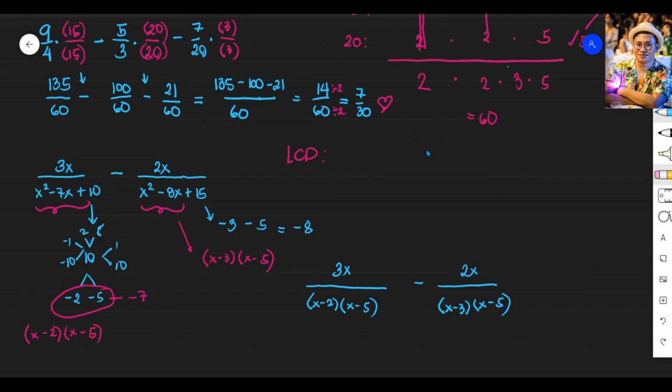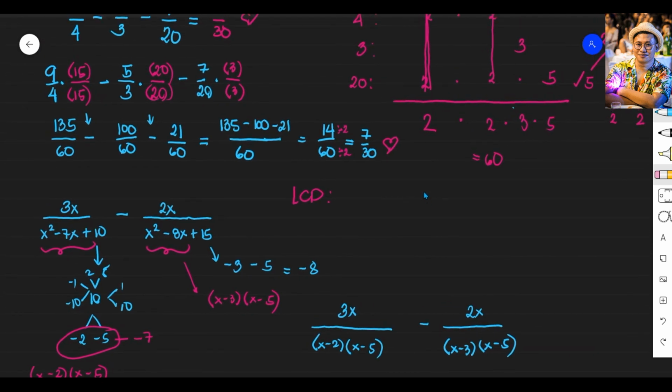All right. So before I proceed to find the LCD, guys, I'm going to show you the relationship of these two processes.